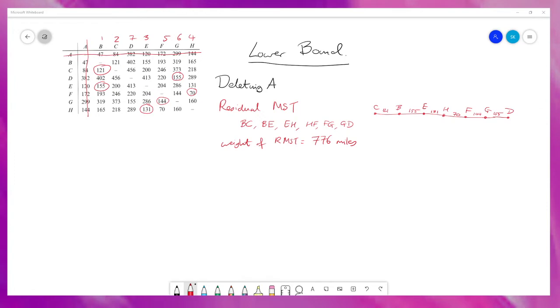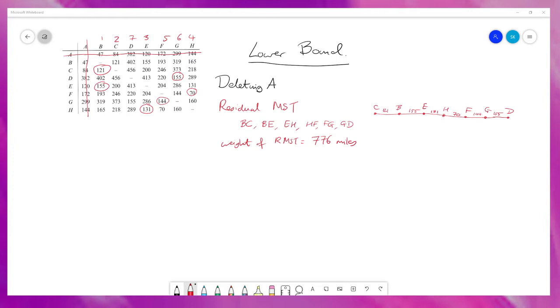Now, quite often with this, they will give you in an exam as maybe a part A of a question, the grid or the matrix without A and get you to find the minimum spanning tree, then put A in and get you to use that to find the lower bound, so you're not doing the whole method again, possibly, no guarantee. So once you've found your residual minimum spanning tree and the length of it, we need to put the vertex that we deleted back in.